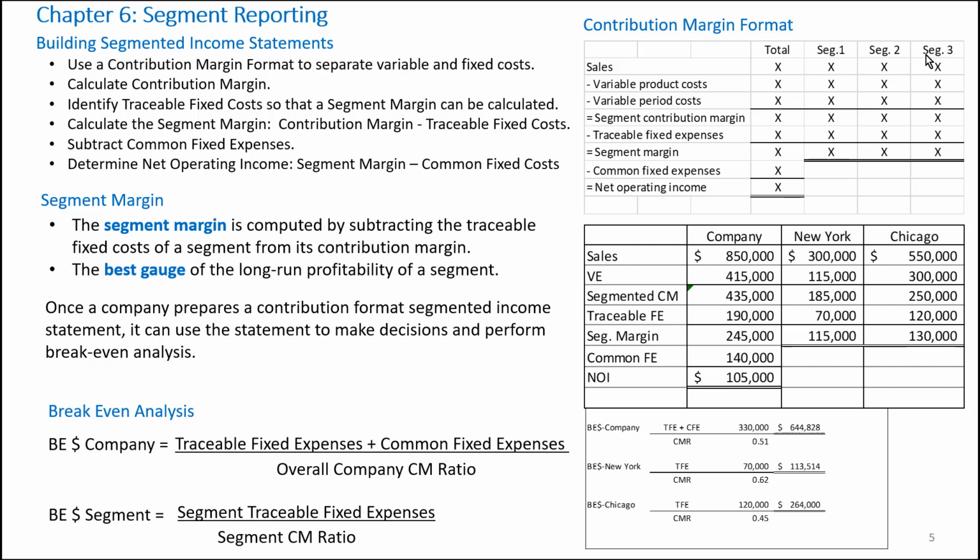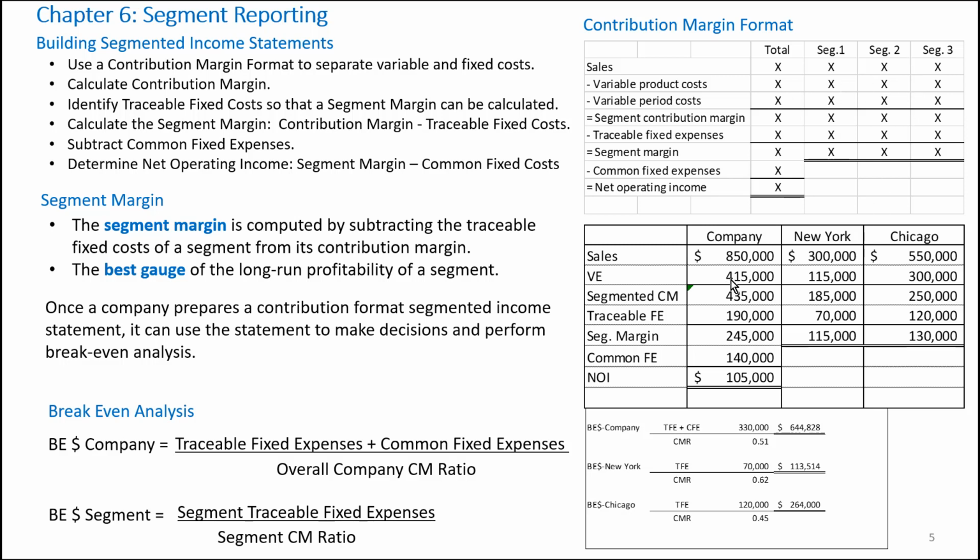Once you input the data for each segment, then the total is just the sum of each of those columns. So the sales total would be the sum of sales for segment 1, 2, and 3. Variable product costs, same thing. Variable period costs, exactly the same thing.